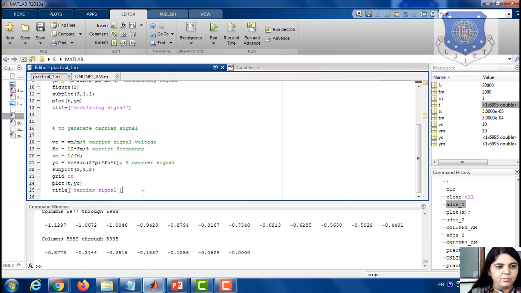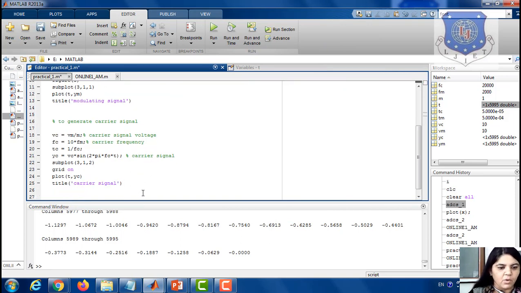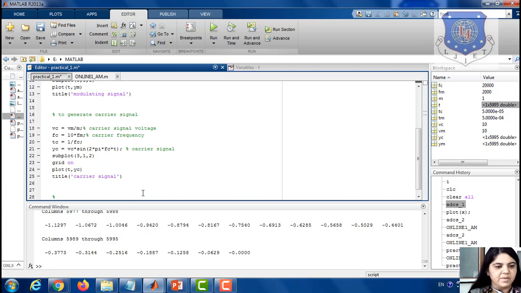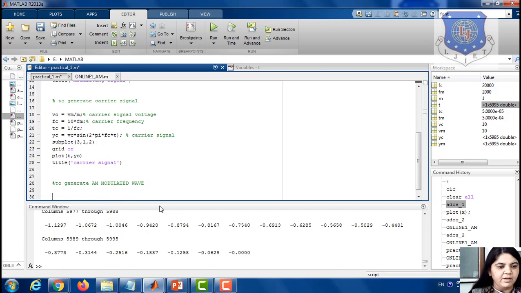Now I want to plot the modulated wave. So I'm writing to generate the AM, amplitude modulated wave. So I do not need any value.